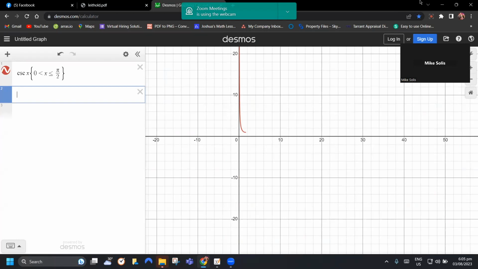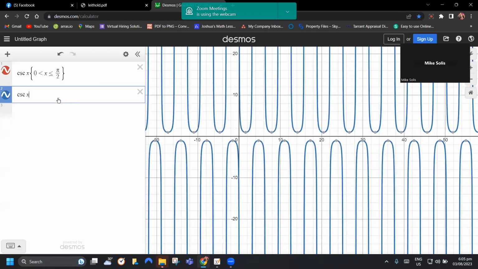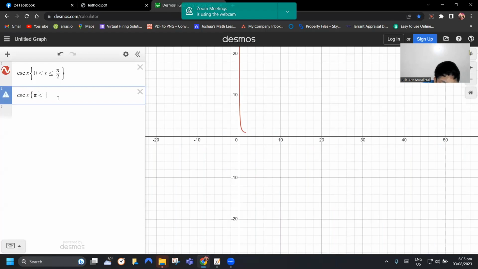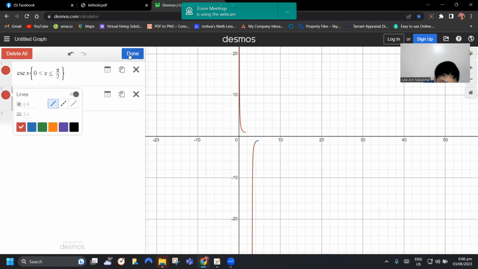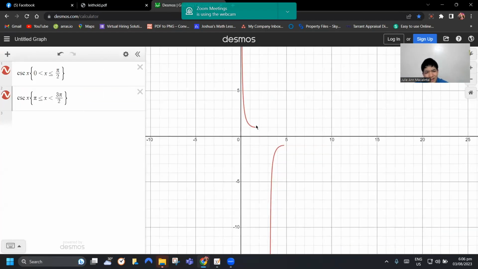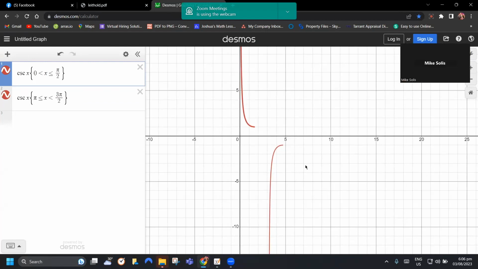So graph mo yung cosecant of x ulit, and this time from pi to 3 pi over 2. Okay, so ano yan? 1-to-1 or not?